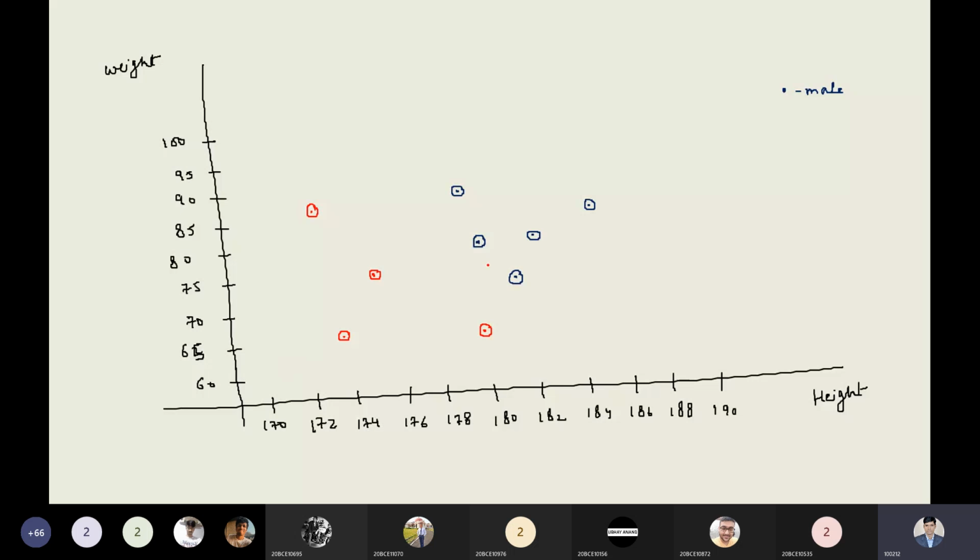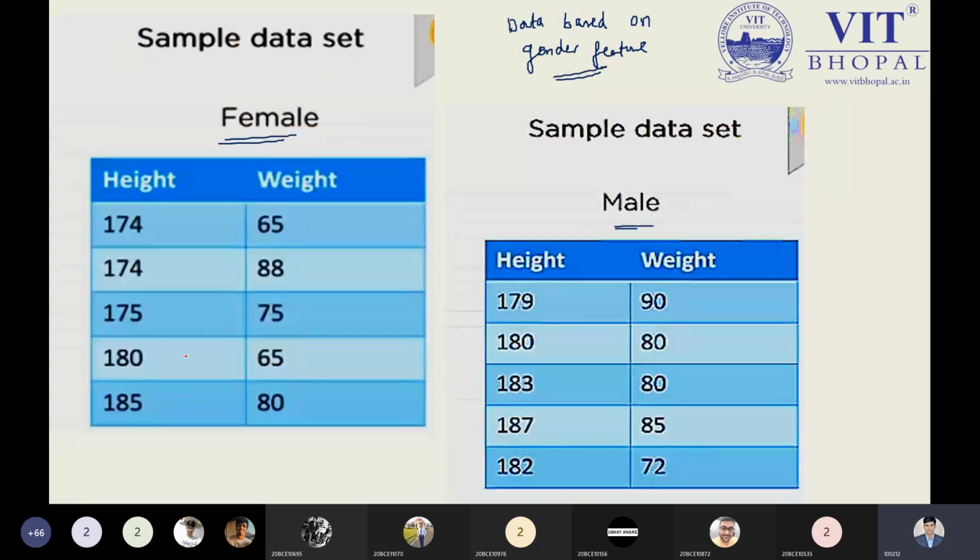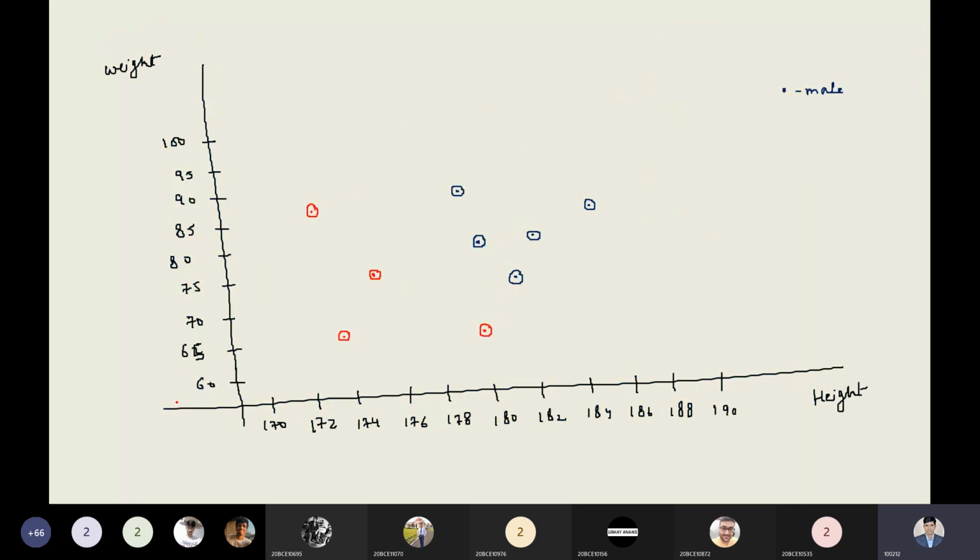So I'm changing its initial value to make a perfect classification. Instead of 185, we can take 170. So 170 height will be better.